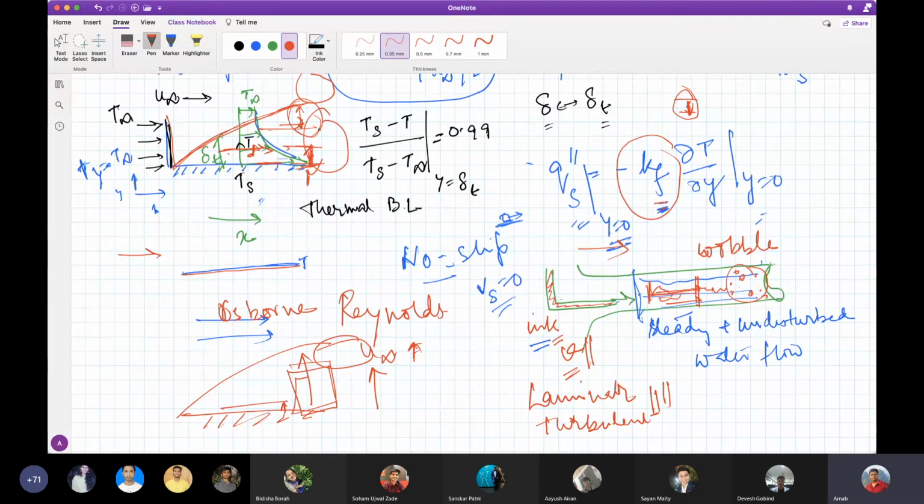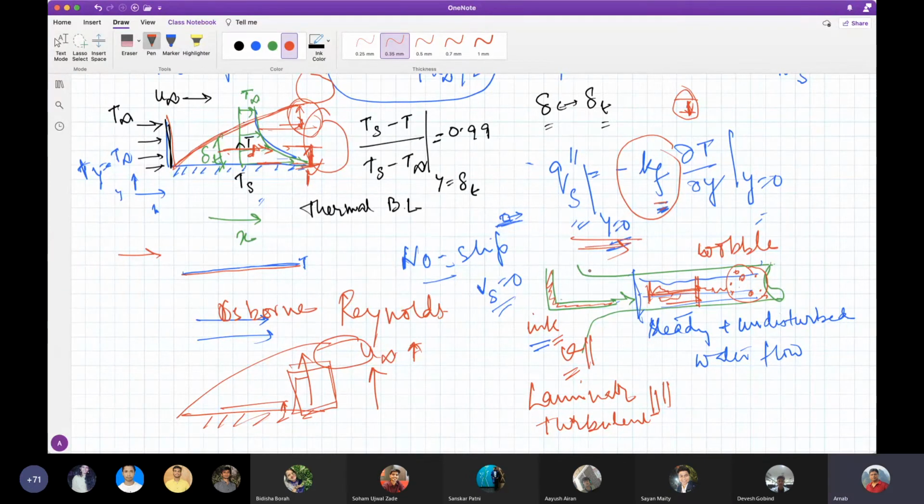If you had to give an example of conduction in liquid, you have to specifically mention that it is near the surface, inside the boundary layer, and that too adjacent to the surface. Am I clear, Simon? Yes, sir. Okay.